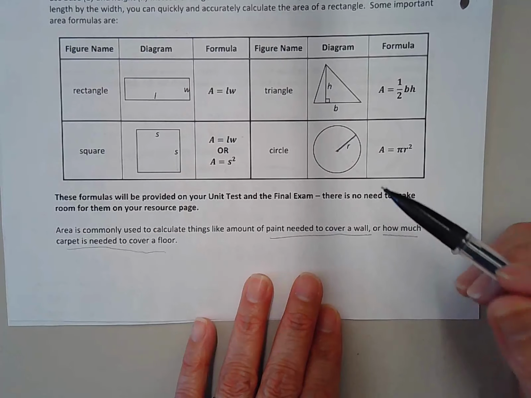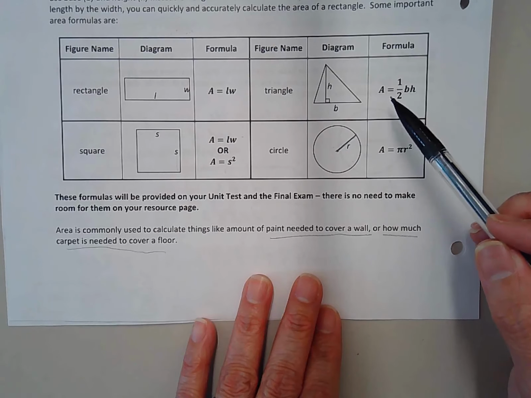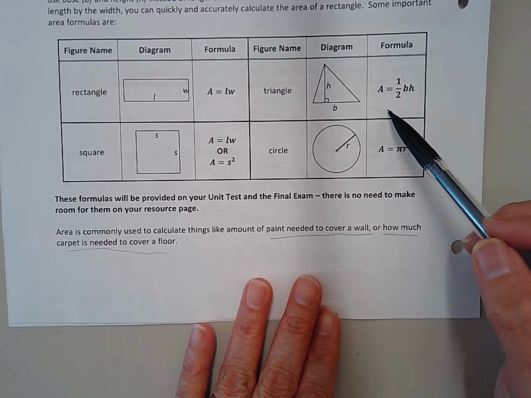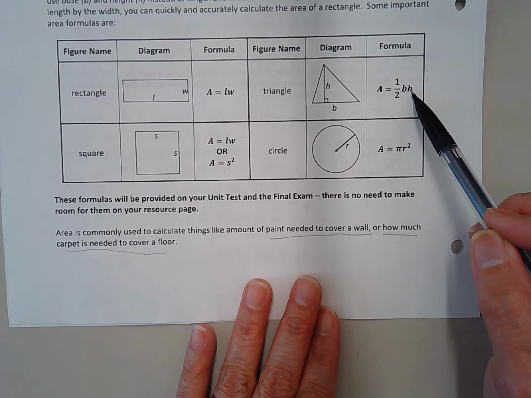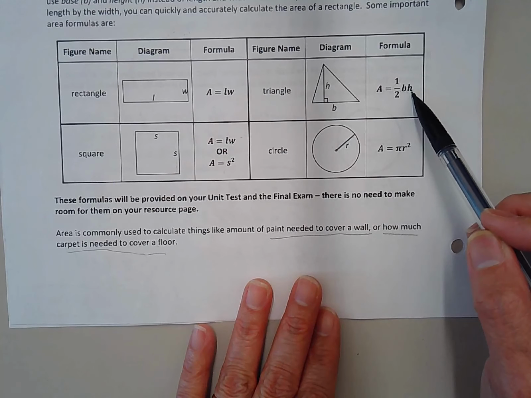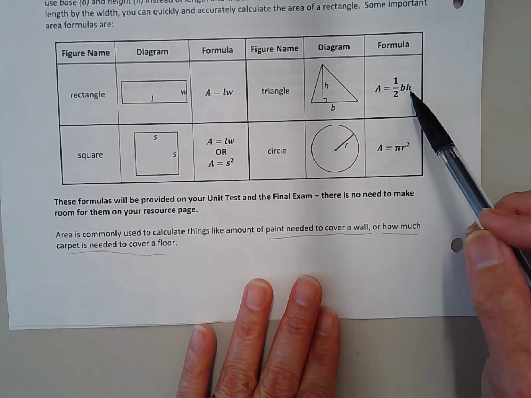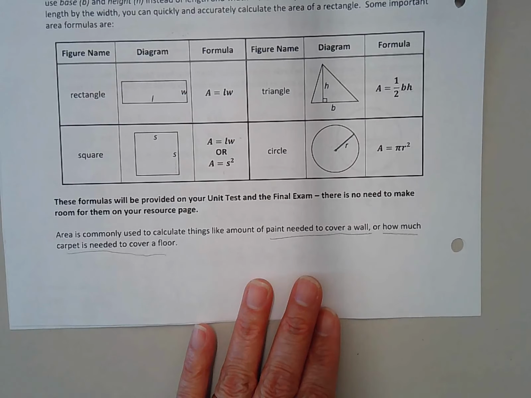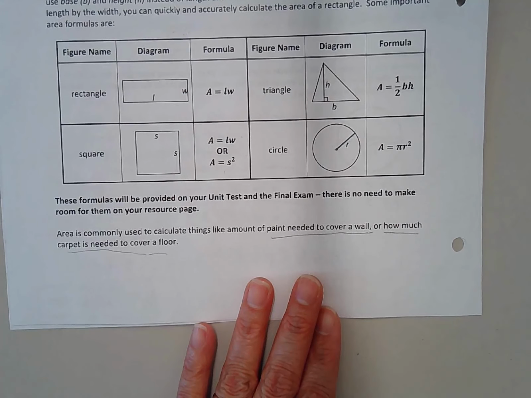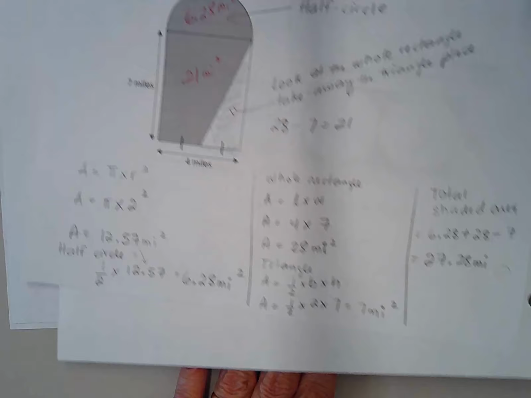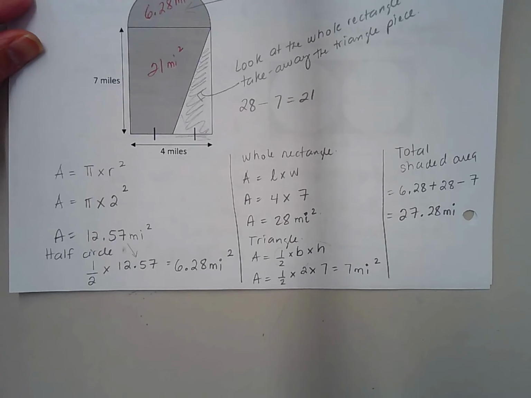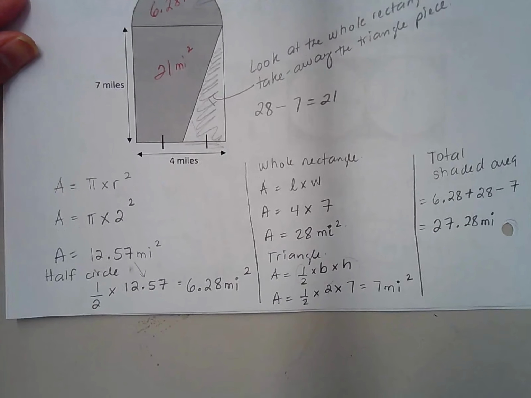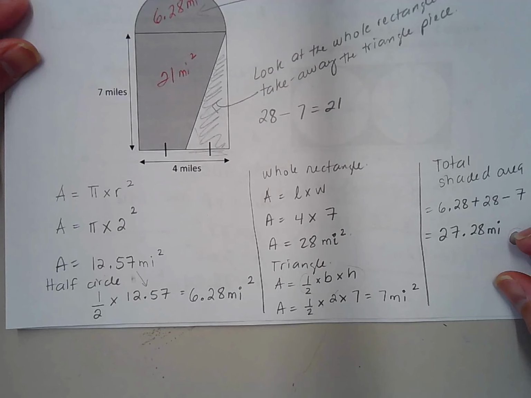So if you look at this one here, this is the formula: 1/2 base times height. And the base is 2, the height is 7.